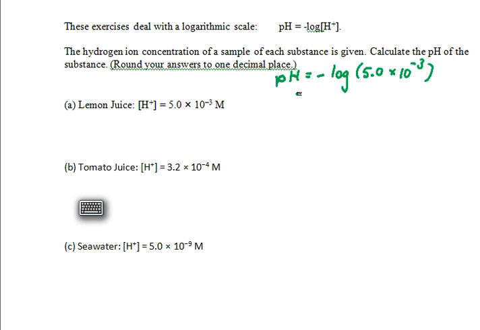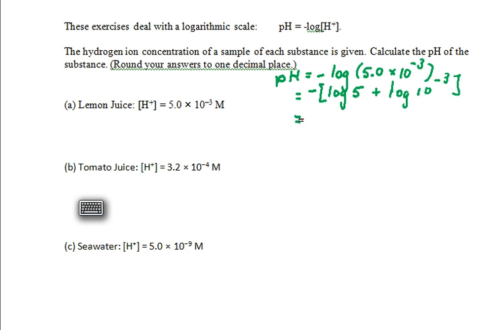And this is going to be a place where we can apply the log of a product and write it as the sum of two logs. So minus the log of 5 plus the log of 10 to the negative 3.